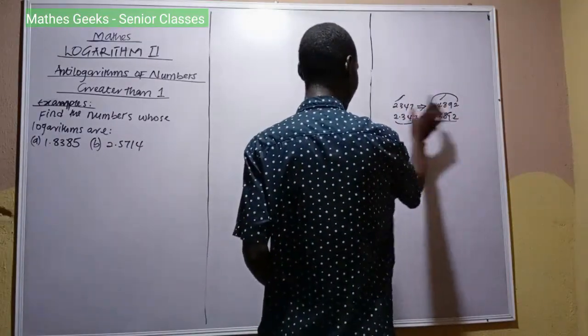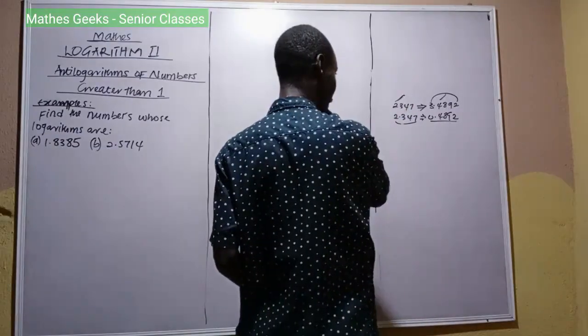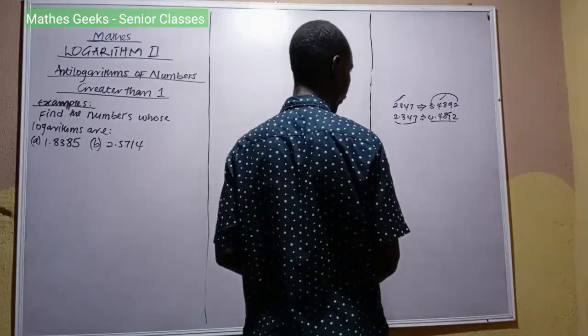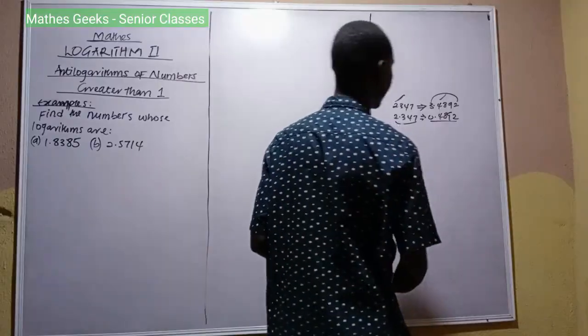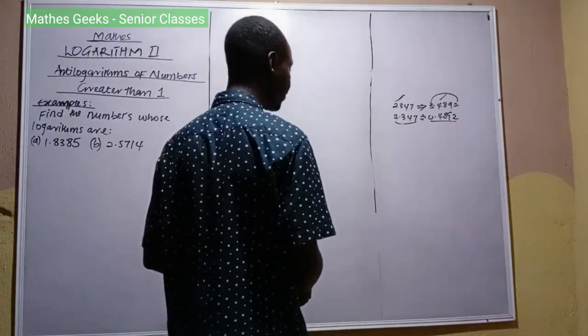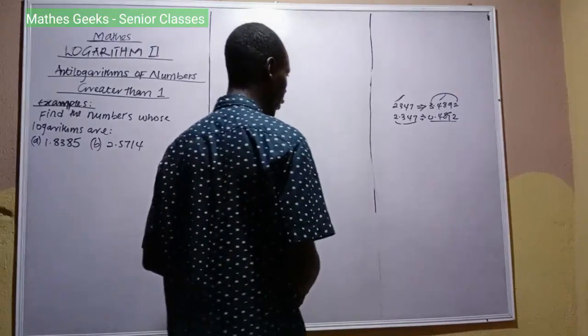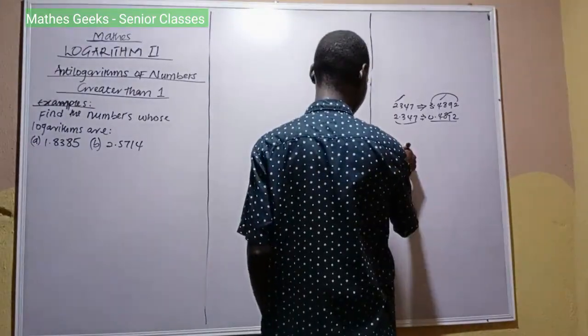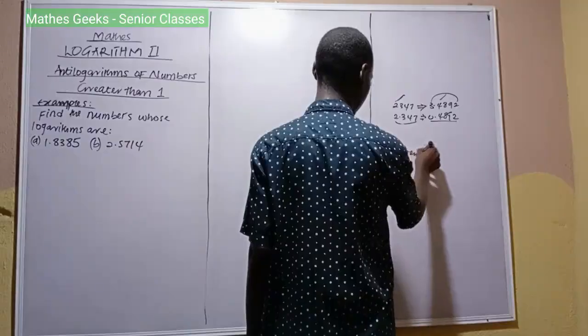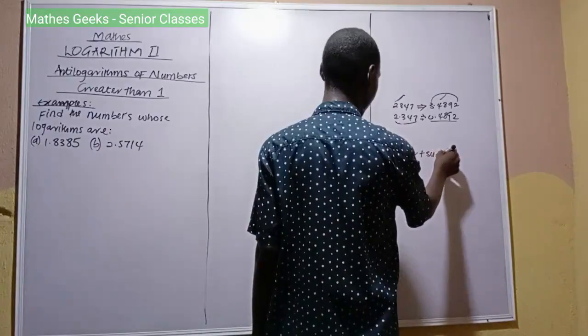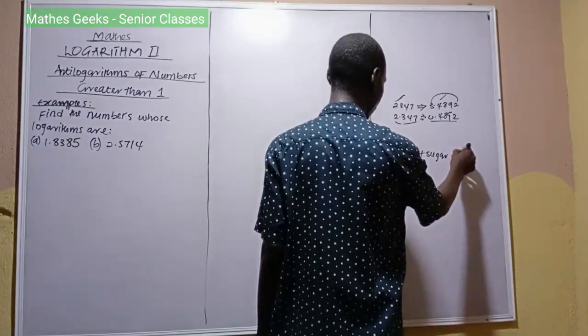So this is the log and this is the anti-log. The natural number you're going to get back is the anti-logarithm of the logarithm number. So it's basically the same as, let's say, physical changes in chemistry. You get water, and then you add sugar, water plus sugar, you mix them up together, so it becomes a solution.